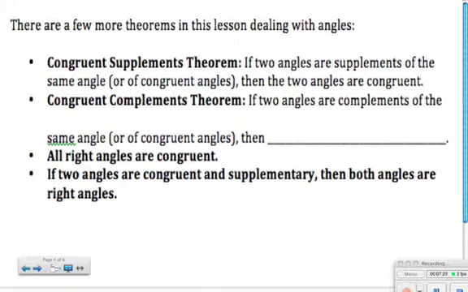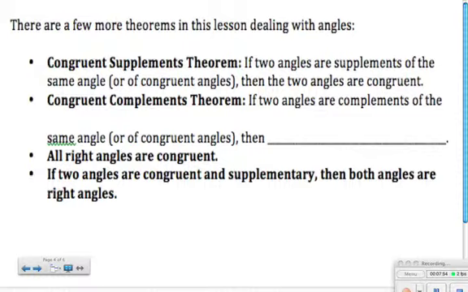The theorem out of that group that we end up using the most, if you're looking at the back of our notes, would be all right angles are congruent.